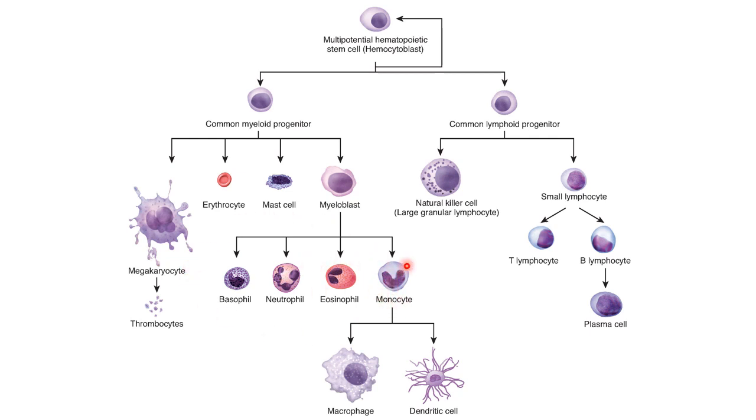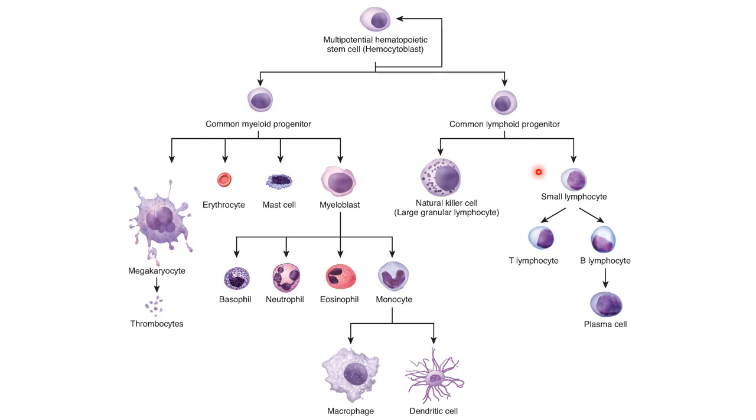And the monocyte can further differentiate, no? It can further specialize into a macrophage, which is a very effective cell for phagocytosis and destruction of bacterial cells, and dendritic cells, which help the immune system form memory, no, or specific defenses against a pathogen.